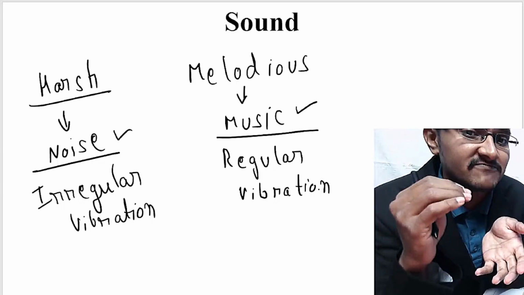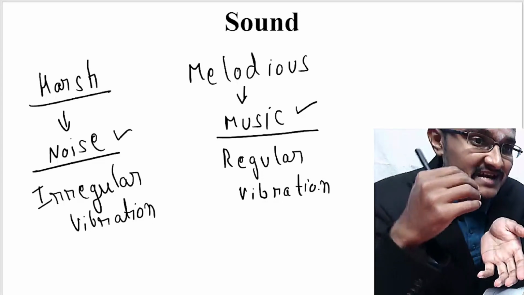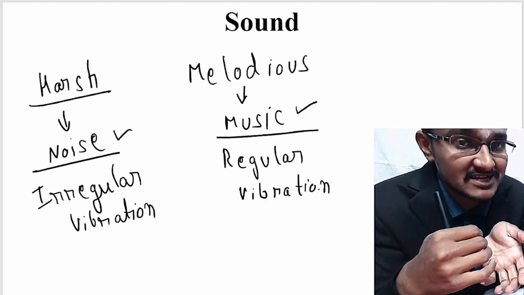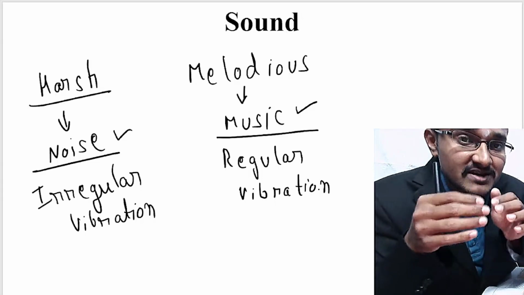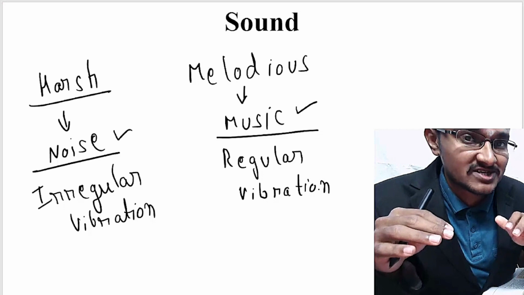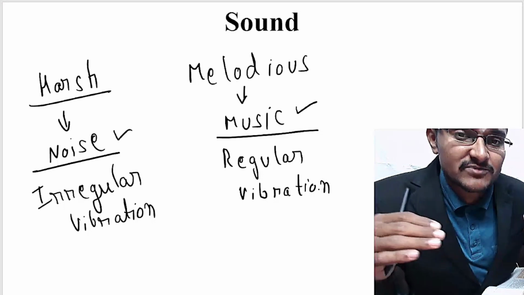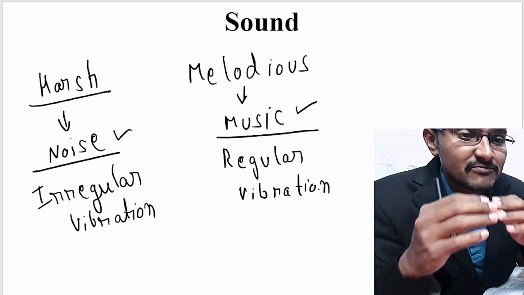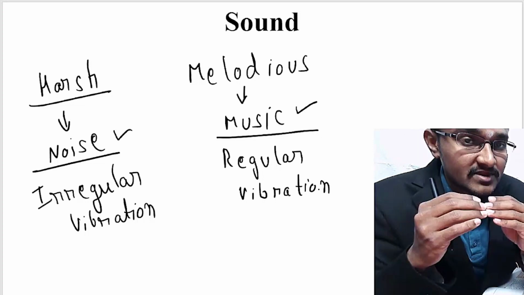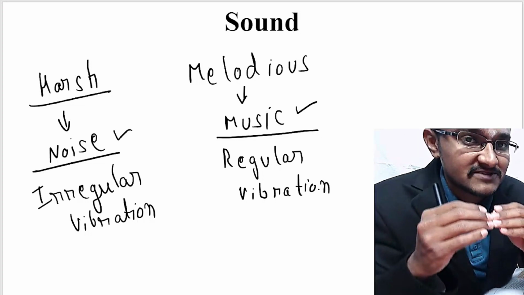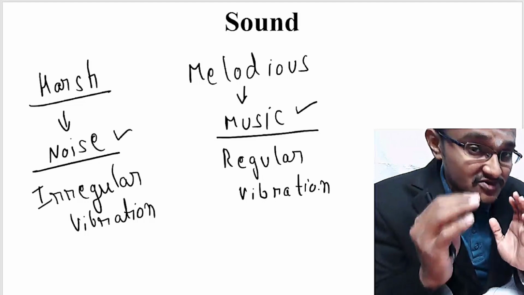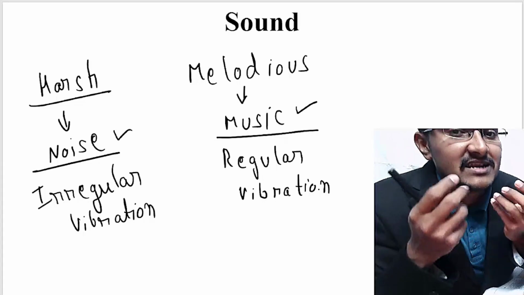But a person with proper music knowledge, when he plays a musical instrument, can produce regular vibrations through it. Hence that kind of vibration will produce a melodious sound. A person with a lack of music knowledge playing a musical instrument will produce noise.